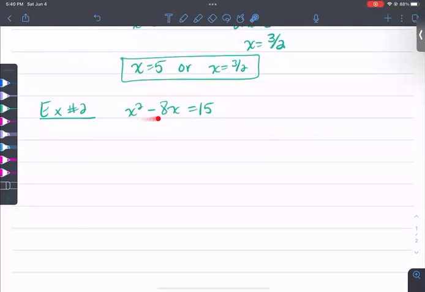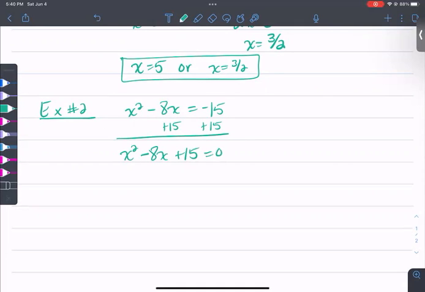So we're really close here, except this 15 is out of place. Oh, that's supposed to be a negative 15. We would need to add 15 to both sides. Now with like terms, 15 doesn't have an x or an x squared, so none of those get added together in actuality. They just get added all together on one side, and now it's set equal to 0.